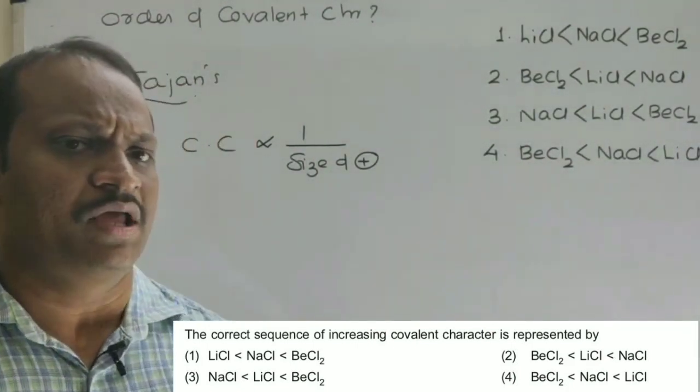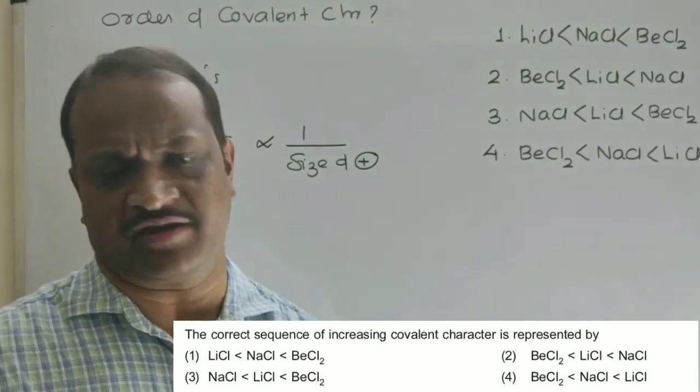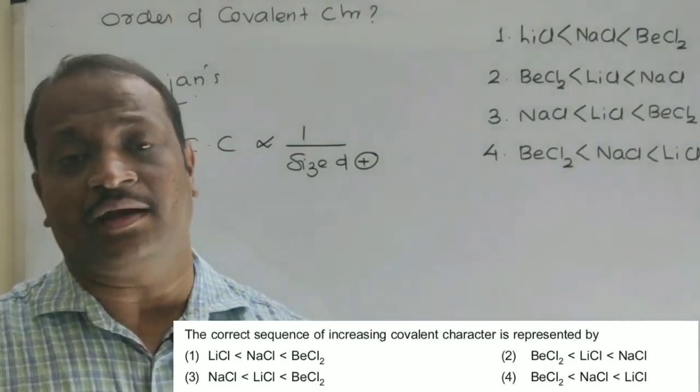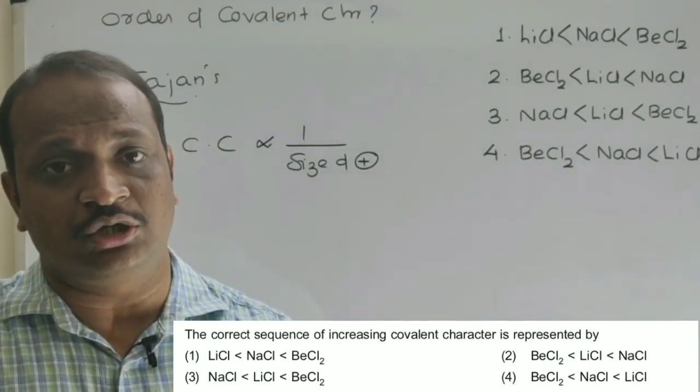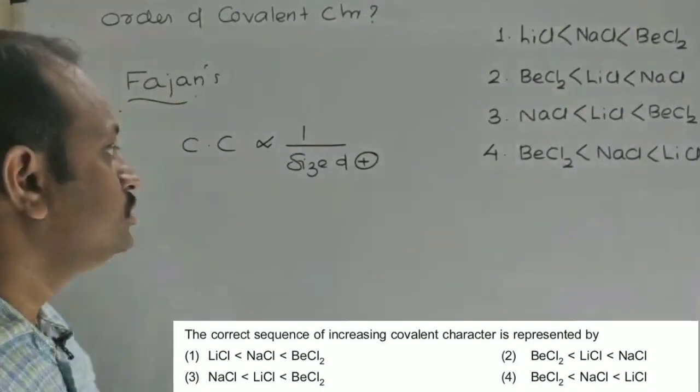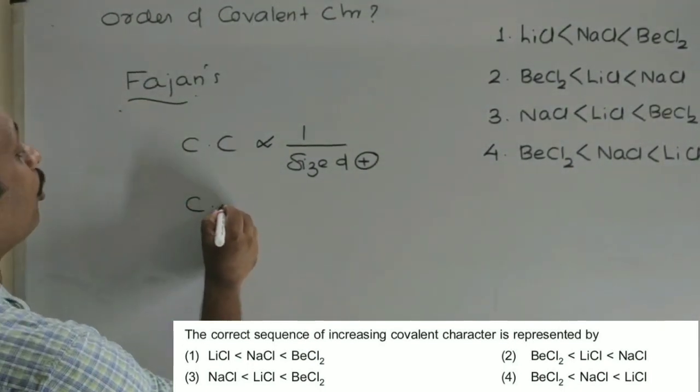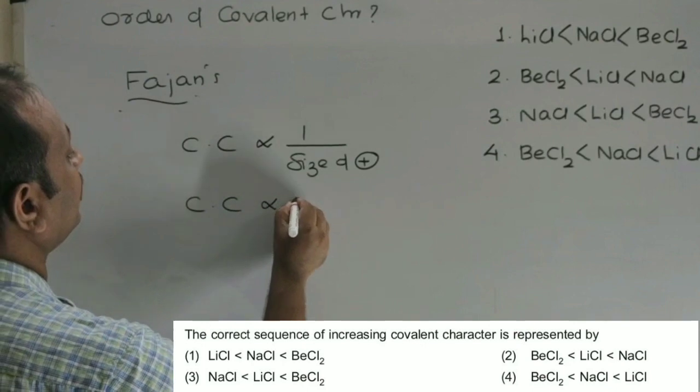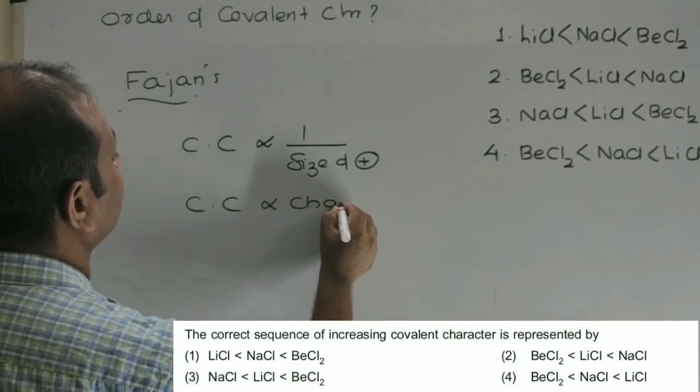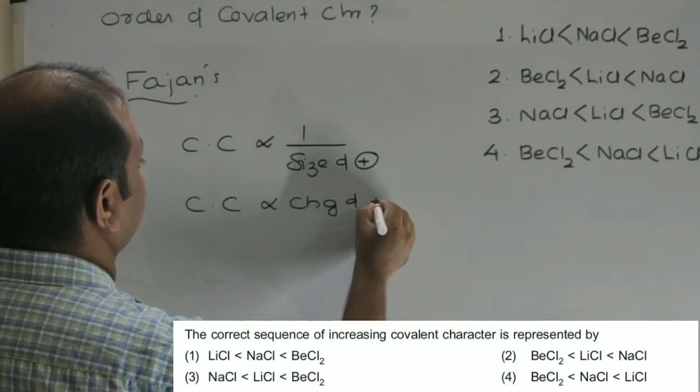This is one point. And one more point you need to understand: covalent character is directly proportional to the charge of the cation. So the next point I am writing, covalent character directly proportional to charge of cation.